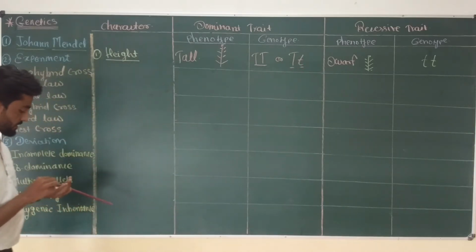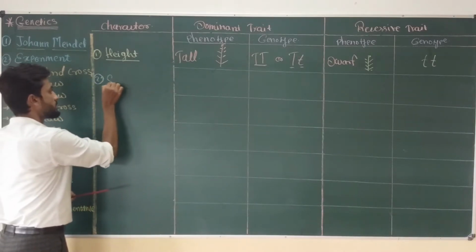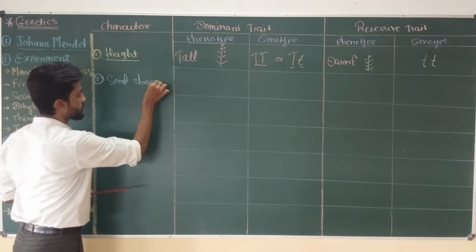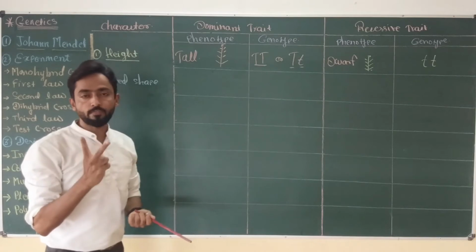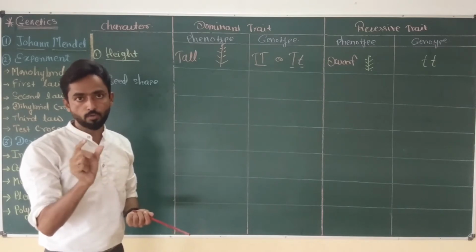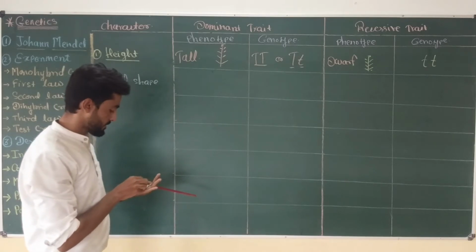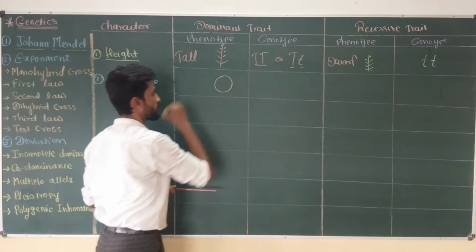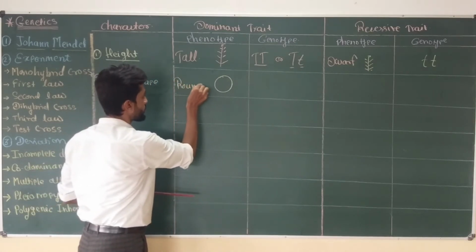Now the next character which Mendel selected is seed shape. So in case of Pisum sativum, two different types of shapes are found in the seed. The dominant shape is round. So it is the dominant phenotype.